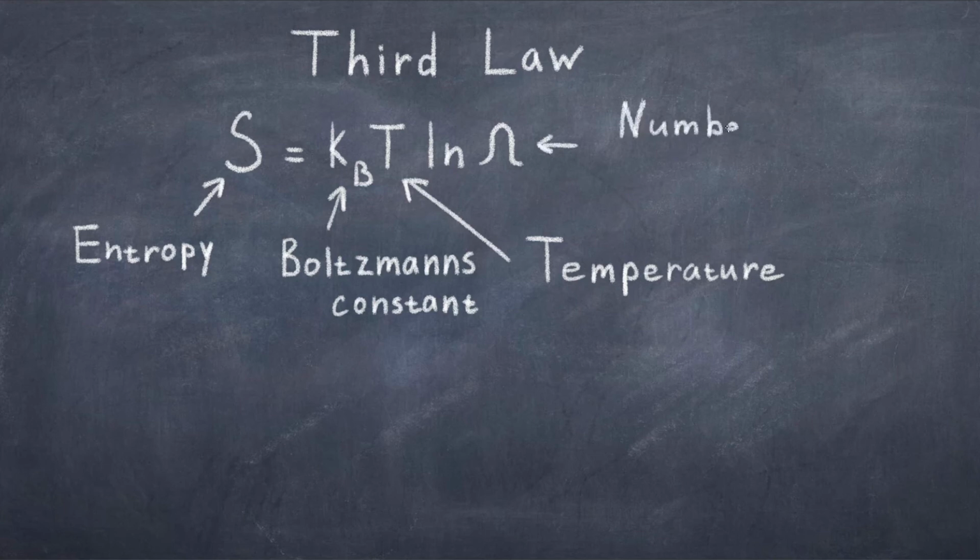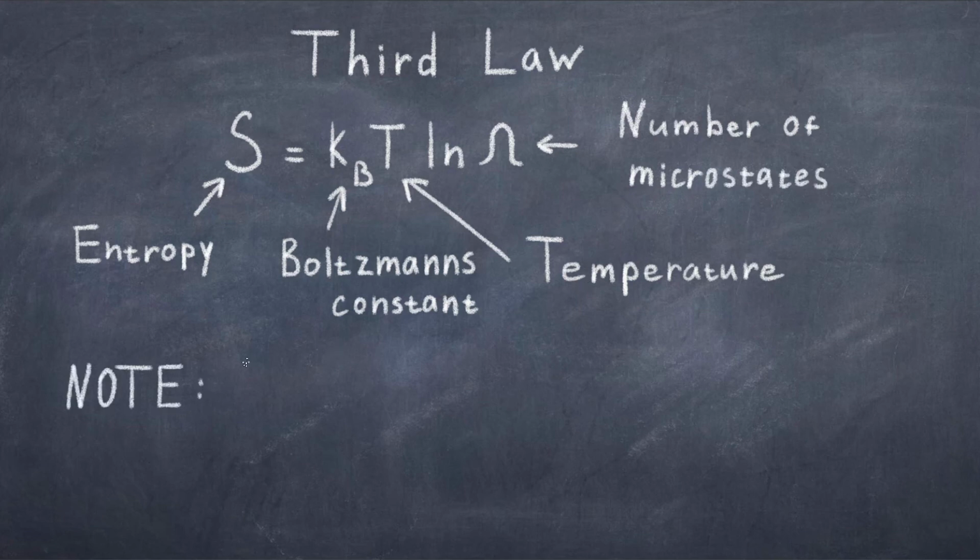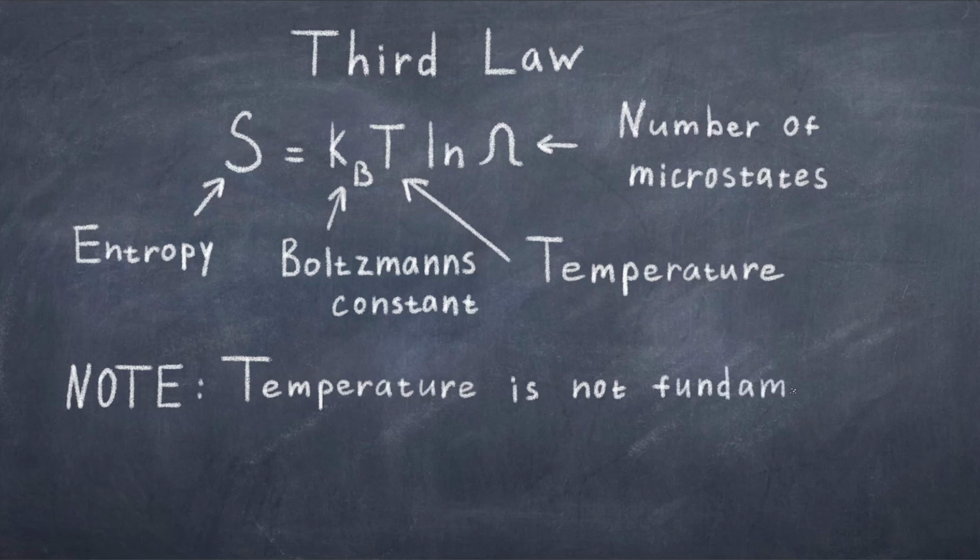From this, we notice two important things. Entropy is directly related to the amount of states. Thus, at absolute zero, there is only one state, the ordered state. Furthermore, entropy is a fundamental quantity, and temperature is not. Temperature is defined from the entropy, and this leads to the possibility of temperatures below absolute zero for quantum gases. But that's a video on its own.